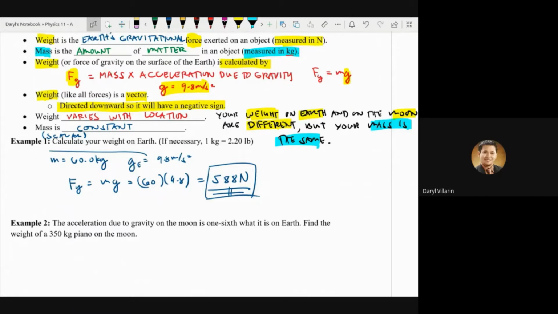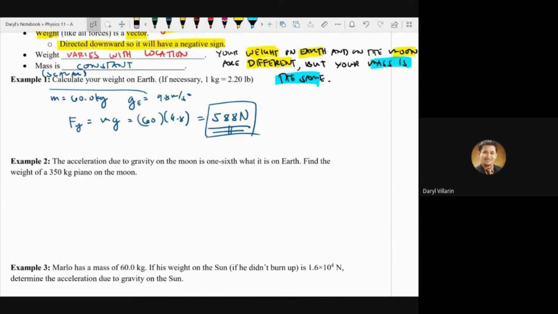Okay, let's take example number 2. The acceleration due to gravity on the moon is 1/6 of that on Earth. So in comparison, the moon has an acceleration due to gravity of only 1/6 compared to that on the Earth.